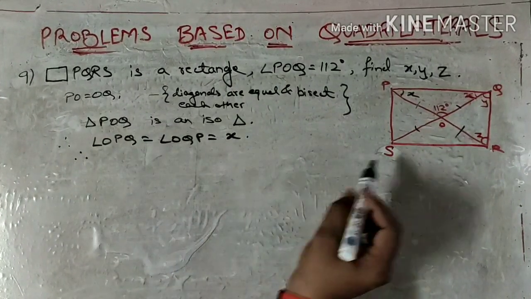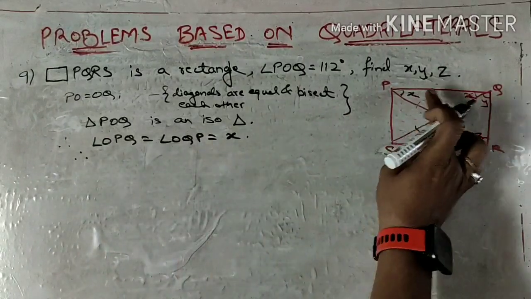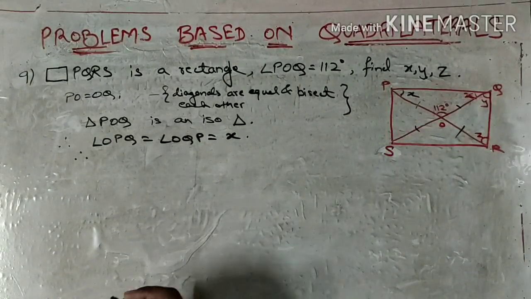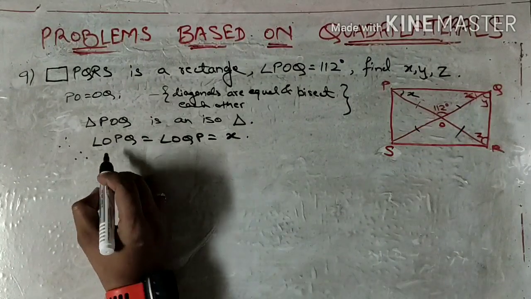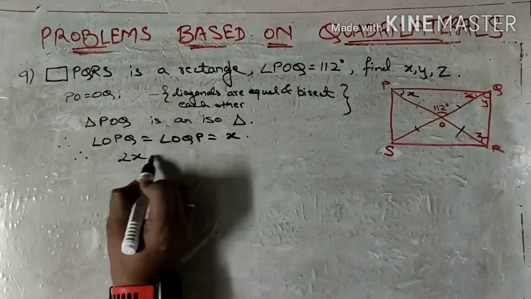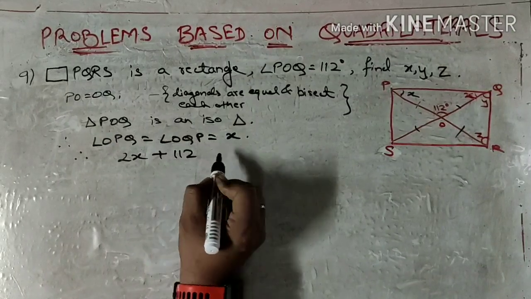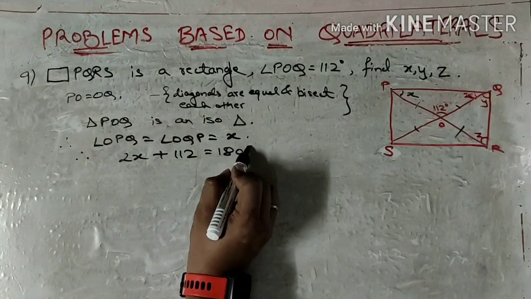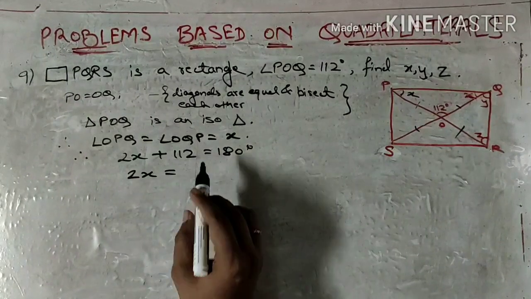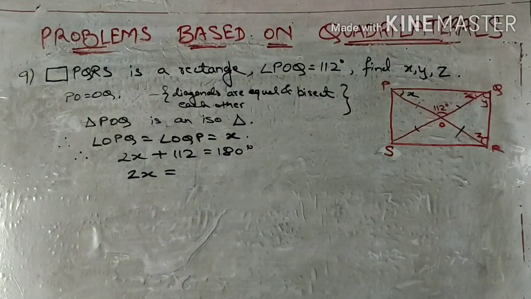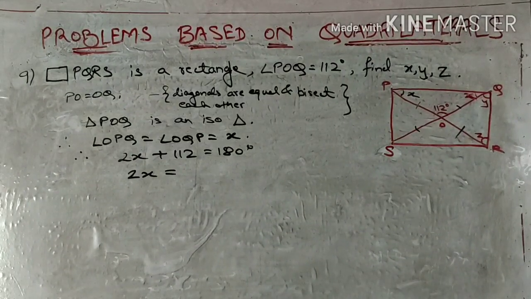Therefore, in this triangle, if I add X plus X plus 112, it should give me 180 degrees. Angle sum property of a triangle. So X plus X is nothing but 2X plus 112 is equal to 180 degrees. 2X is equal to 180 minus 112, which will give me 68 degrees.